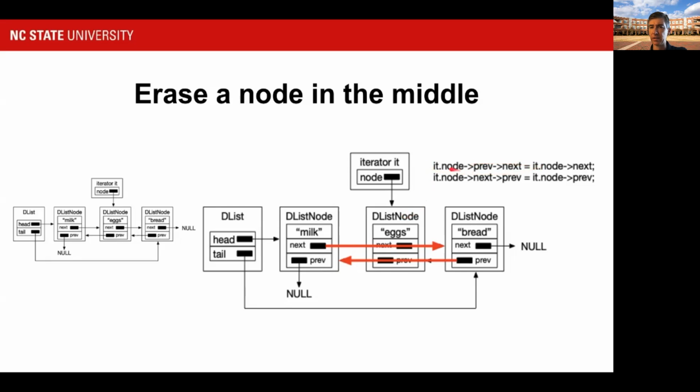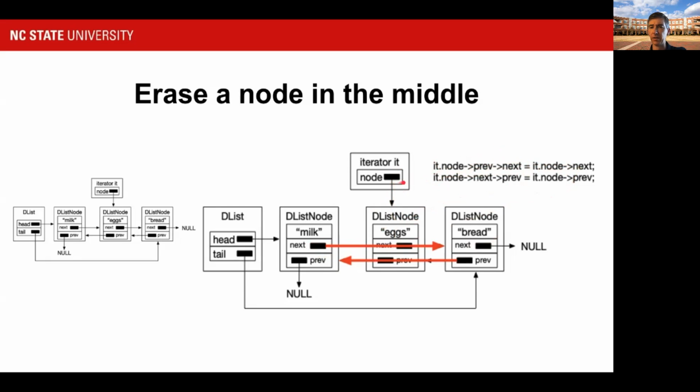Now, what that might look like in code, there are a few ways you could do that. But what we could say is that it.node, right, that's this iterator, arrow takes us to eggs, previous takes us back to milk, and then next, so it node previous next grabs this black box for us and sets it equal to what comes after the node we're deleting, it node next.